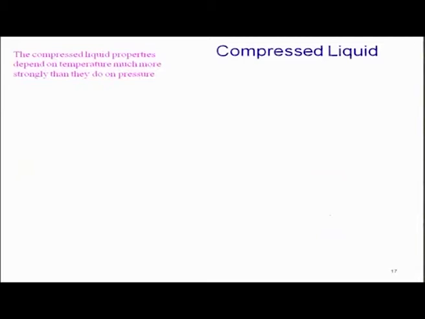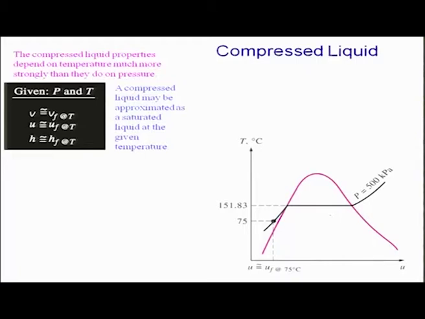In addition to superheated vapor, which is on the right side of the saturated vapor line, you have a compressed liquid, which is on the left side of the saturated liquid line on a P or T versus V plot. For a compressed liquid, for a given point, let us say here, at P equal to 500 kilopascal and temperature 75, we approximate the property to that of the saturated liquid at 75 degrees Celsius.